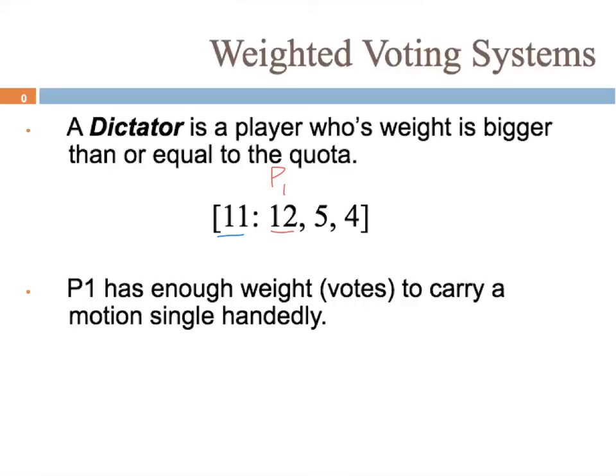So player 1 pretty much controls this. If they vote yes, they don't even need player 2 and player 3. If they vote no, player 2 and player 3 can't pass the motion by themselves. So pretty much player 1 has all the power here. Again, that's why we call them a dictator.